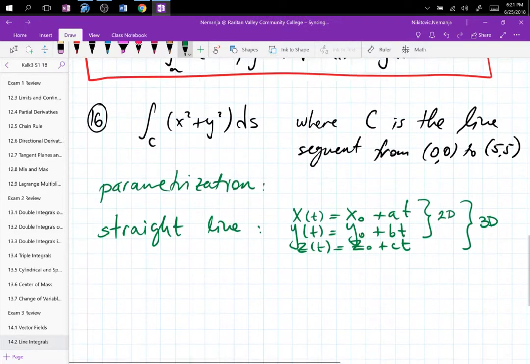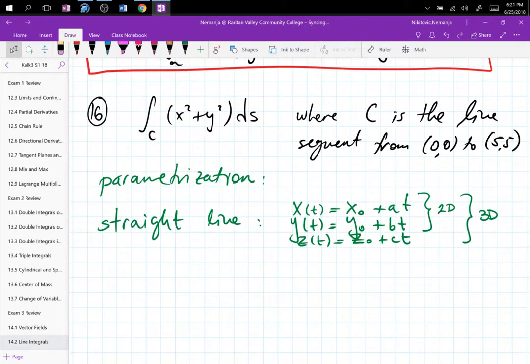So now, what do I have? I have a line segment that goes from 0, 0 to 5, 5. We know the way to figure this out. We find the vector v, which is going to be the vector of 5 minus 0 and 5 minus 0, which is vector 5, 5.